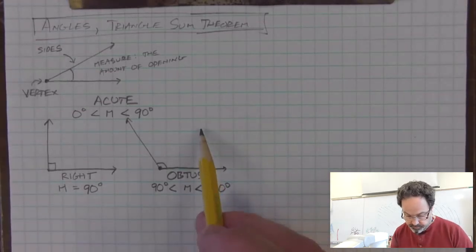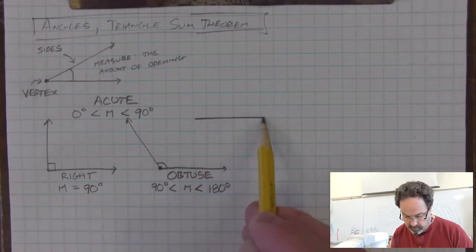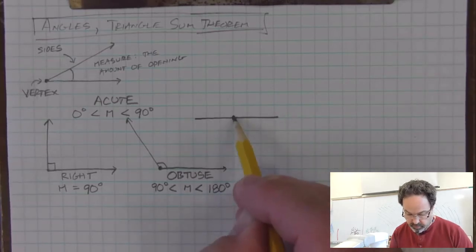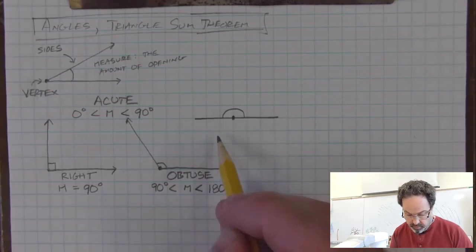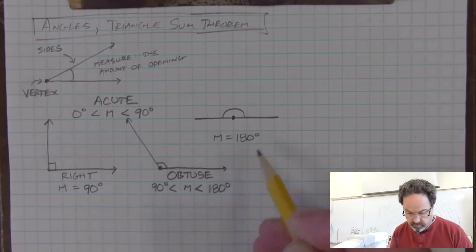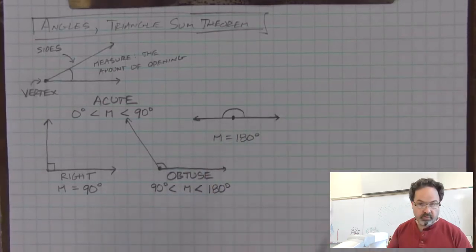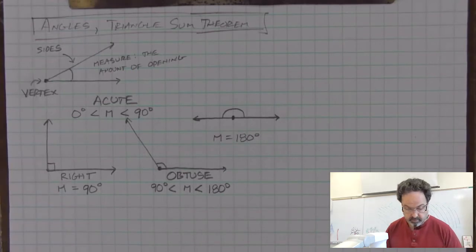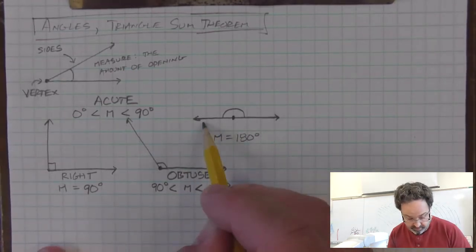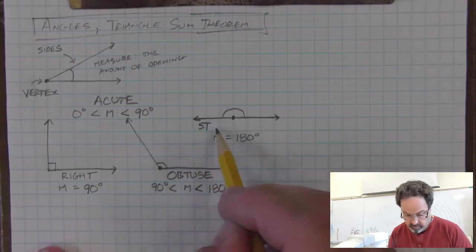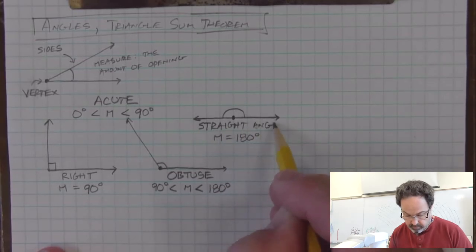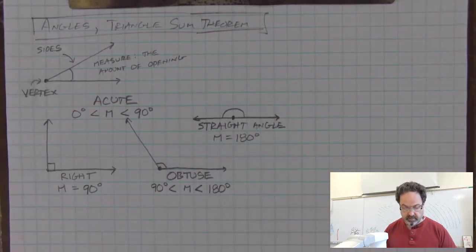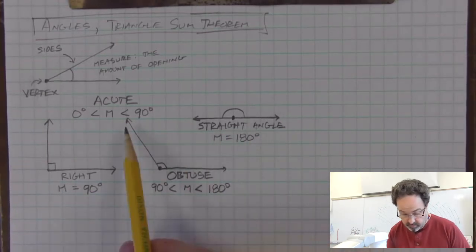And we have a situation in which an opening can be measured to be exactly 180 degrees, which makes the angle look like a line. But if it's an angle, we could call it a straight angle. The two sides line up to make it look like a line.